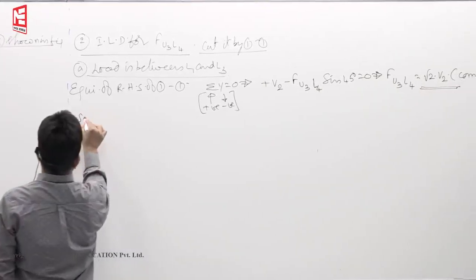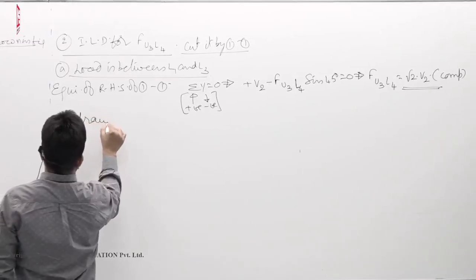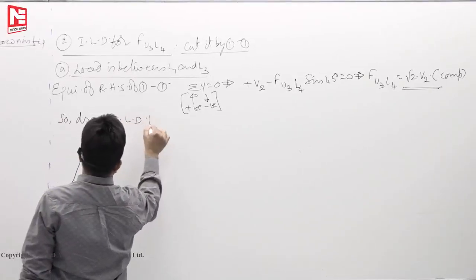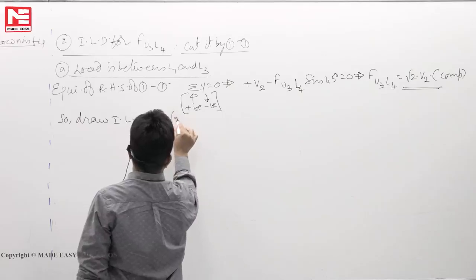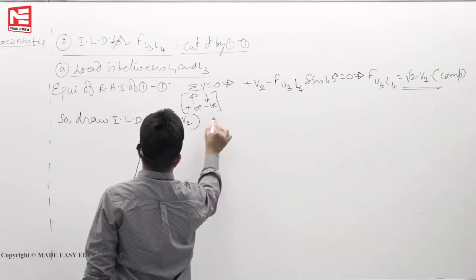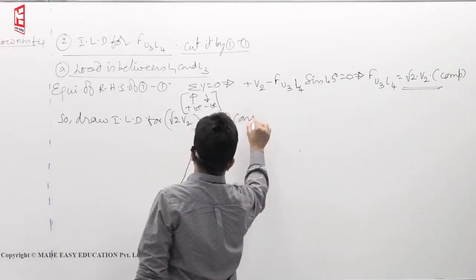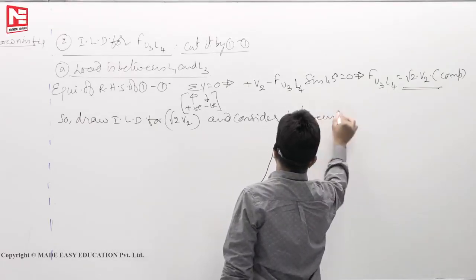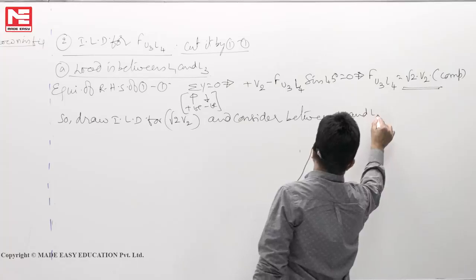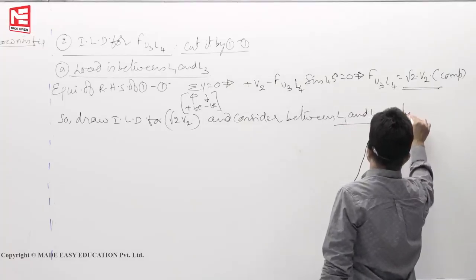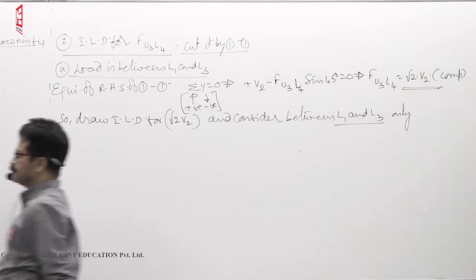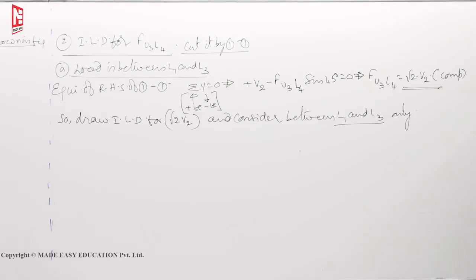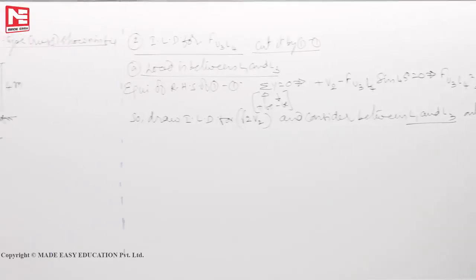So draw ILD for root 2 V2 and consider between L1 and L3 only. Now you see, coming here, compression we got it.